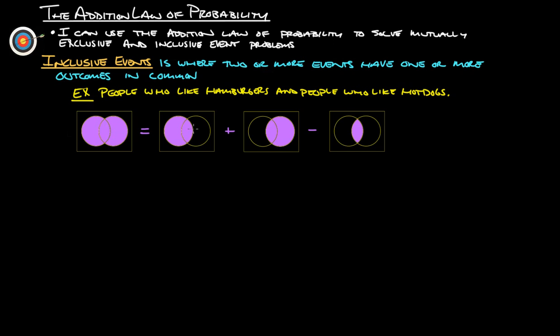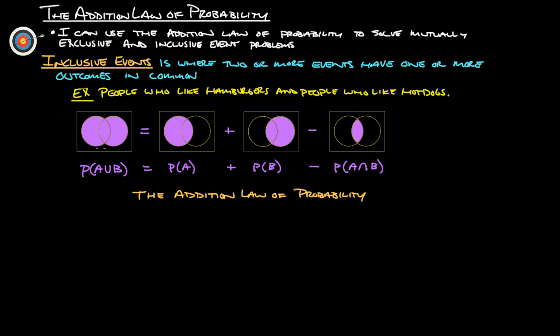So we take all the people that like hamburgers and add them to all the people that like hot dogs, but then we have to subtract out the people that like both, because they got counted in two different spots, right here and right here. So the probability of A union B equals the probability of A plus the probability of B minus the probability of A intersect B. And this is the addition law of probability.